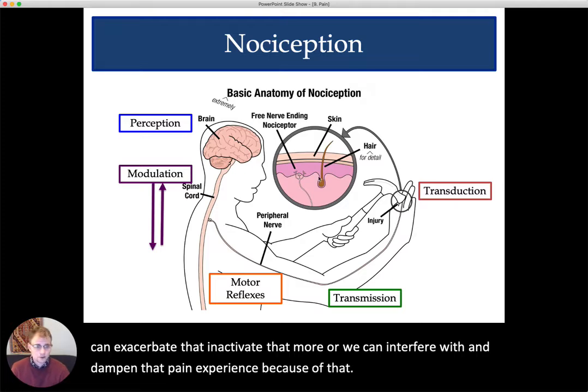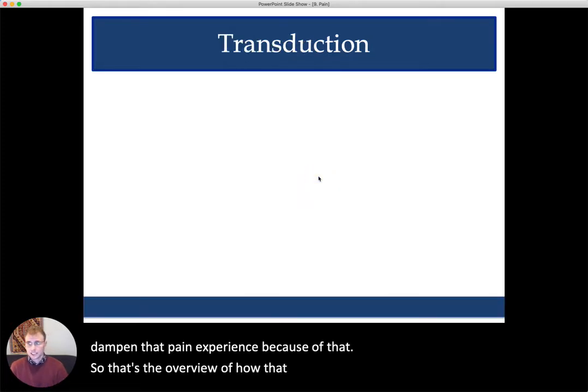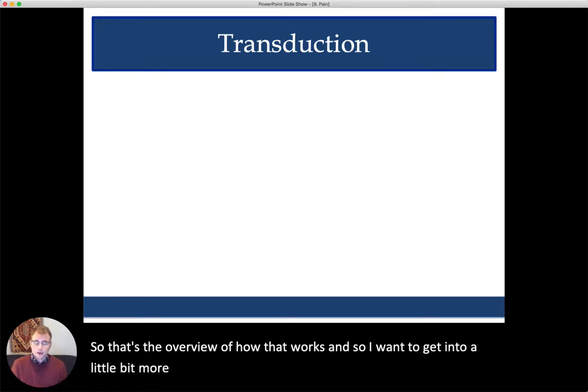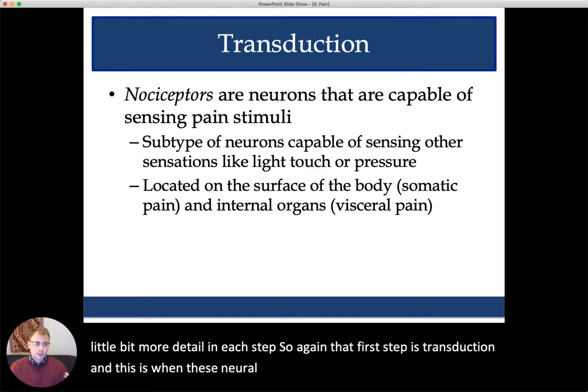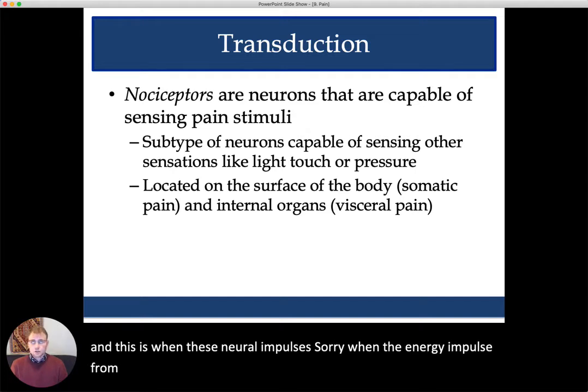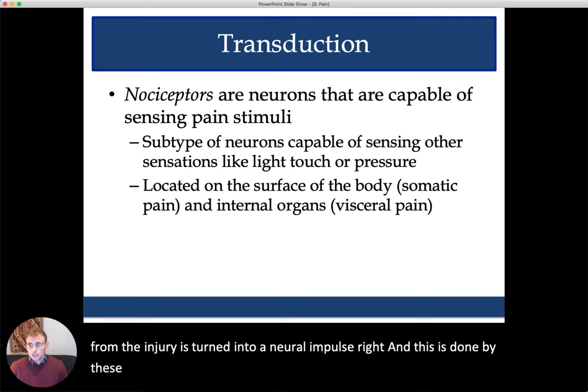So that's the overview of how that works, and I want to get into a little bit more detail in each step. Again, that first step is transduction, and this is when the energy impulse from the injury is turned into a neural impulse. This is done by these nociceptors, and these are neurons that are capable of sensing these pain stimuli.